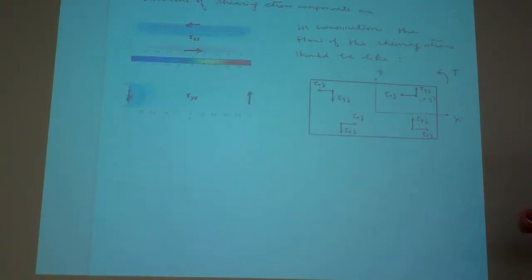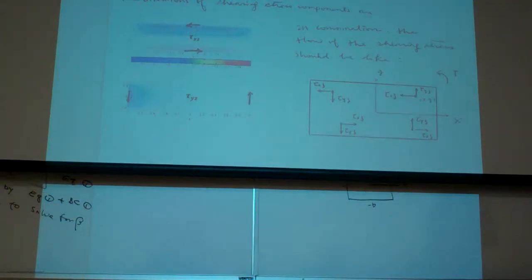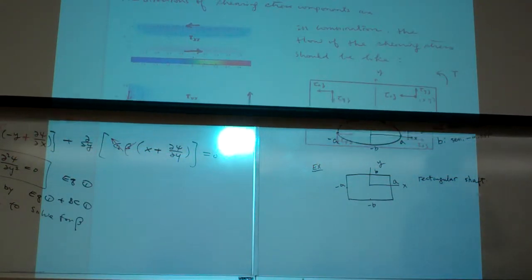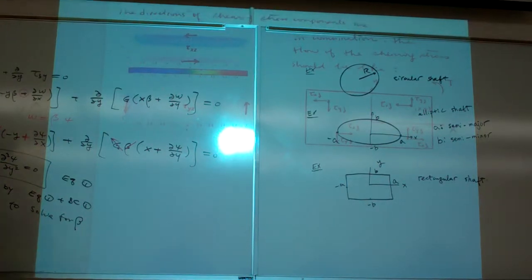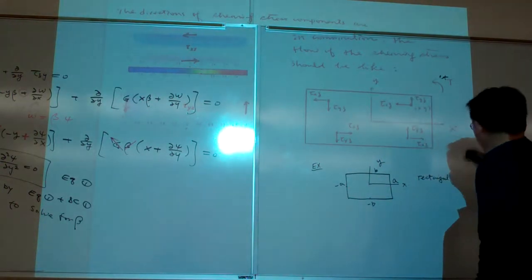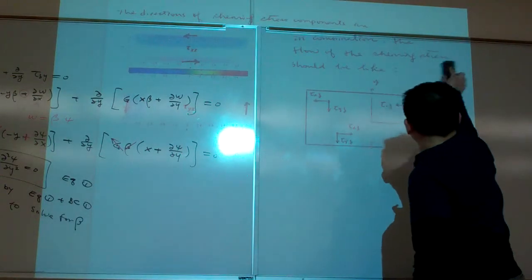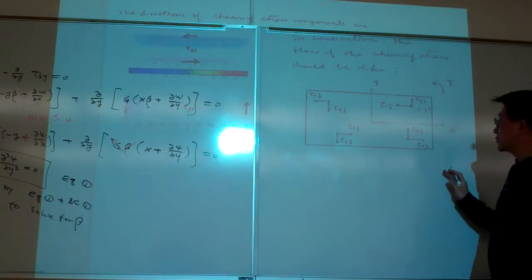From here, you can see this one will help you to check whether your calculation is correct or not. Because after more than 1 hour and a half to reach such a good result, of course, you want to make sure your result is correct.